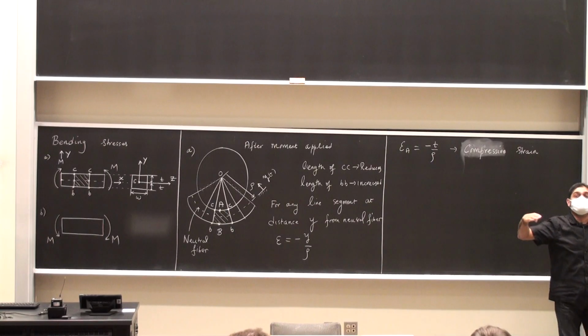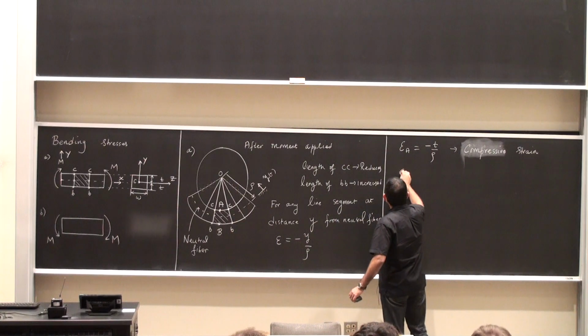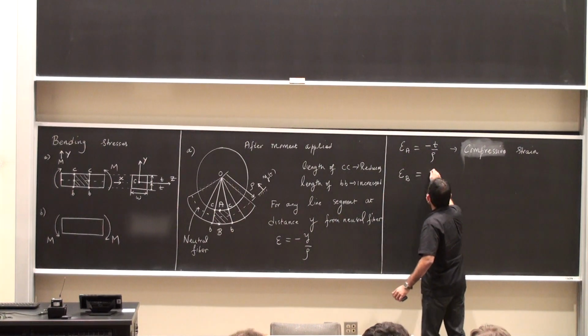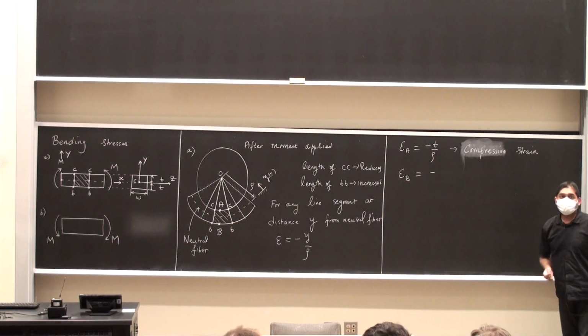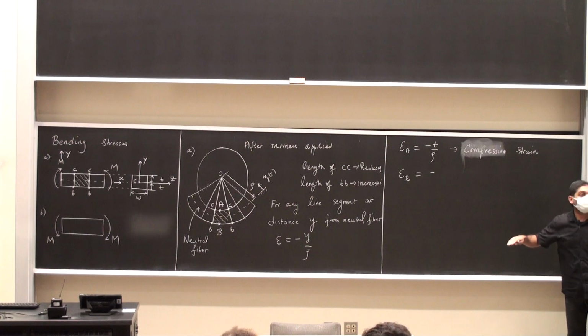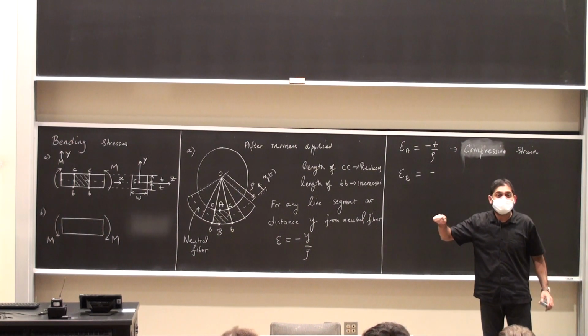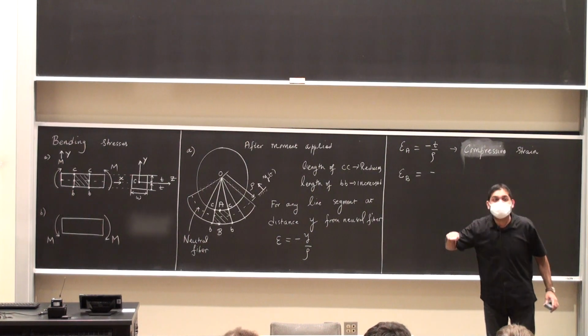And if I look at a point capital B, the strain at that point, epsilon B, is going to be minus, watch this. Now, the point B is sitting below the neutral fiber, which means that my distance y is going to be what? It's going to be negative t.